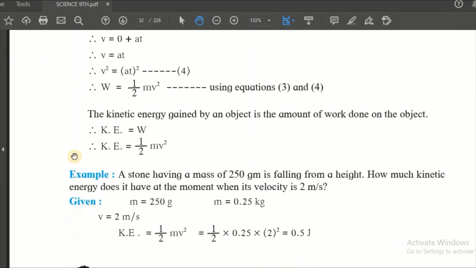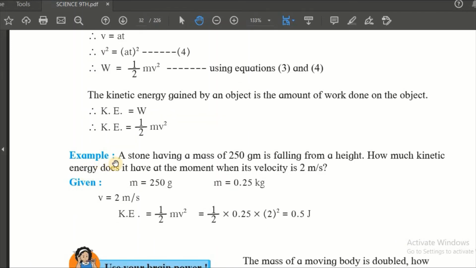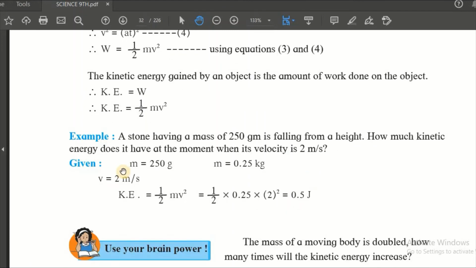Then next, here is one example. A stone having a mass of 250 gram is falling from a height. How much kinetic energy does it have at the moment when its velocity is 2 meter per second? m is equal to 250 gram.